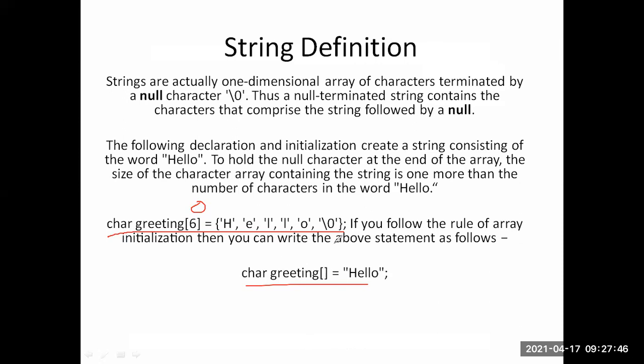So now, how will we access the string? In C language, for accessing an integer we use percentage %d, for a float value percentage %f, for a character percentage %c.